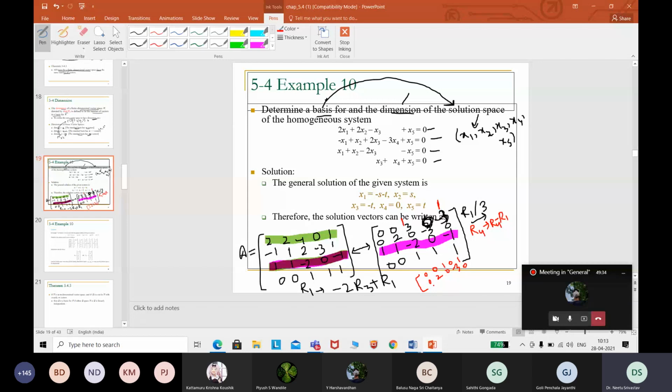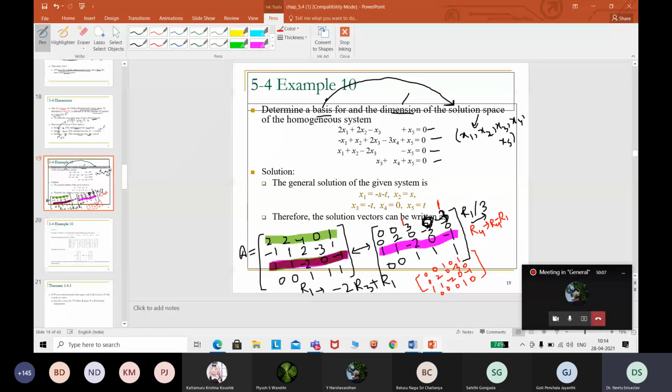Third is 1, 1, minus 2, 0, minus 1. And the last row is 0, 0, 0, 1, 0, since R4 minus R1, correct. So I have already used R1 as a pivot row.